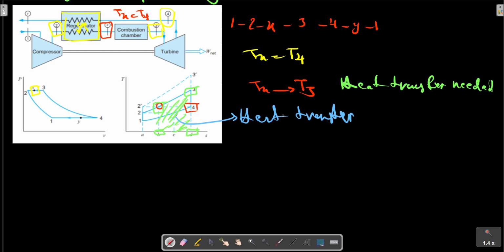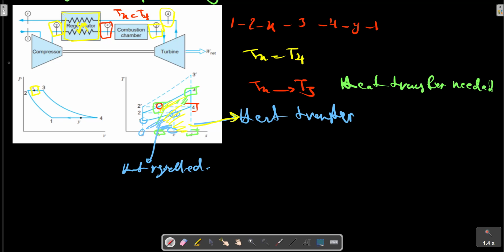And the area Y 1 A C Y represents the heat rejected.